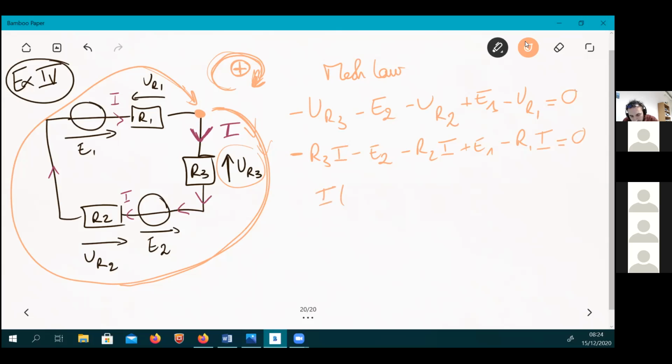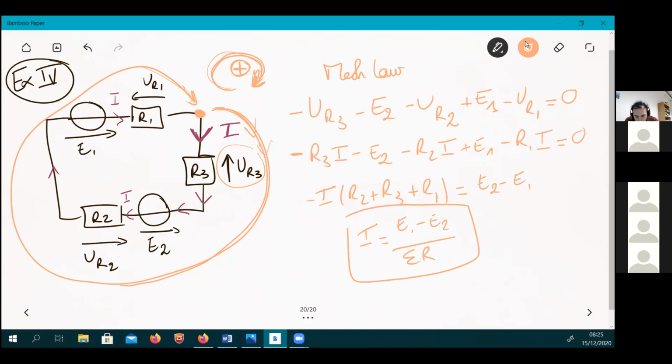So you have I as a factor of R2 plus R3 plus R1 equals E2 minus E1, and you deduce that the current equals E2 minus E1 over all the R. Done.